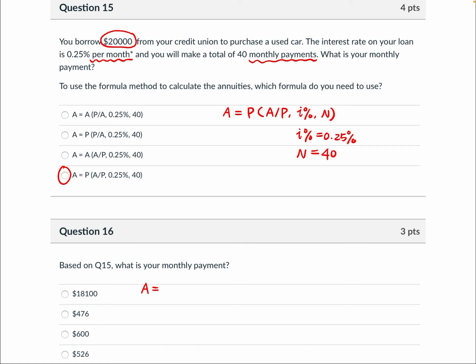So P is 20,000 times the factor of A slash P in the table of 0.25%, and number of periods is 40. So if you check the table, that factor is 0.0263. That is 526.